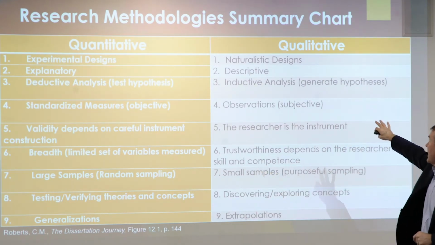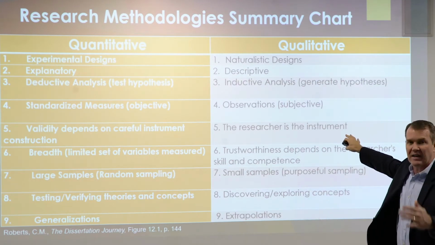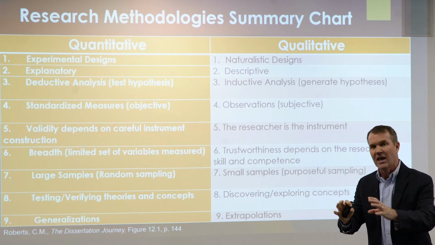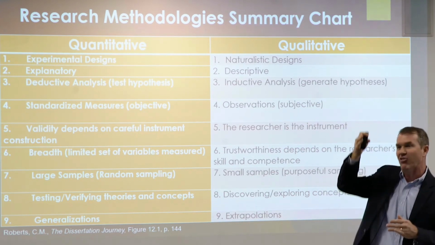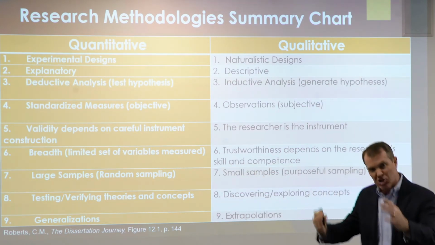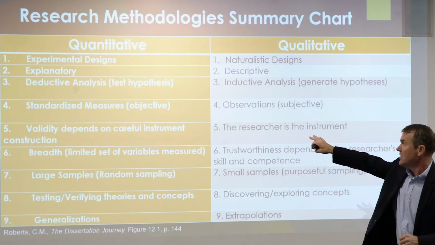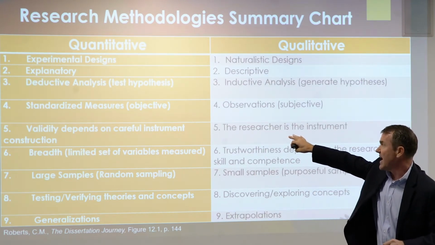Whereas qualitative, you are generating a hypothesis. You're saying, based on observation, I hypothesize that this causes this. You're generating or coming up with a new hypothesis. Number 4, there are standardized measurements.